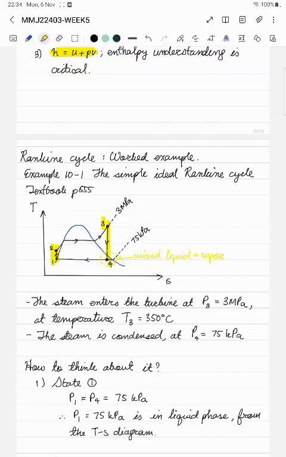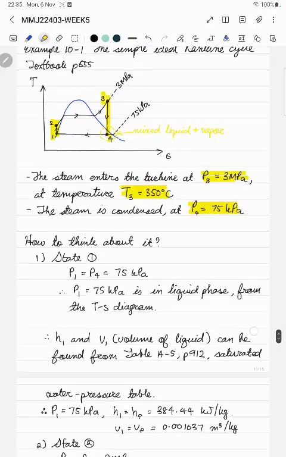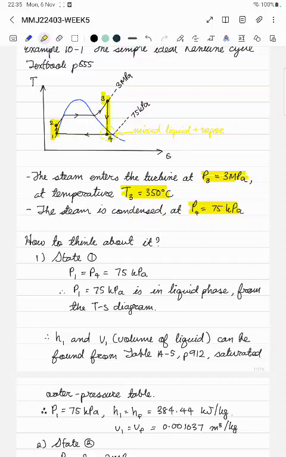So we have the steam entering the turbine at 3 megapascal, and the temperature is 350 degrees Celsius. We also have the steam exiting the turbine at state number 4, and the steam is condensed, meaning it's being cooled and is in liquid form again at pressure P4 of 75 kilopascal. The way we approach this problem is to work on it state by state.